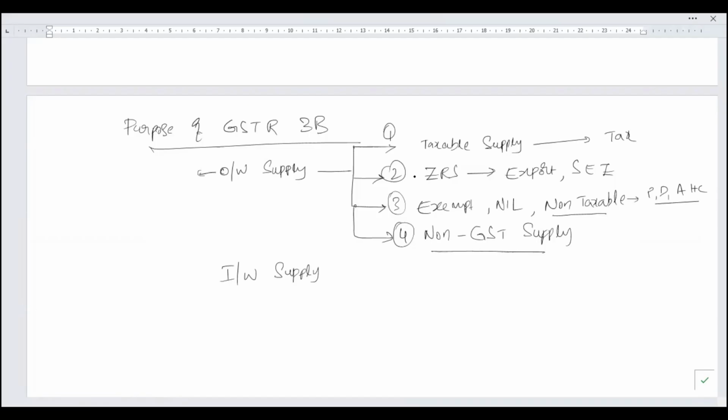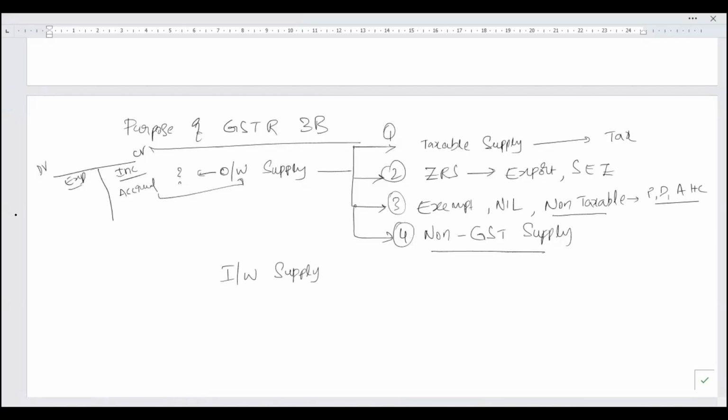From where do I get this outward supply? When we have the P&L account, debit side and credit side, this is my expense, this is my income. Anything which comes on my P&L on account of receipts or accrual, these transactions I record are called outward supply.